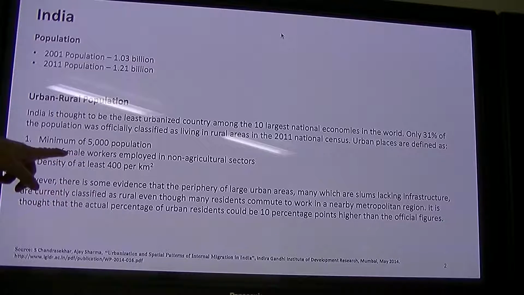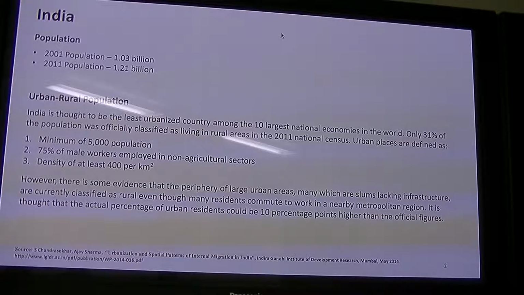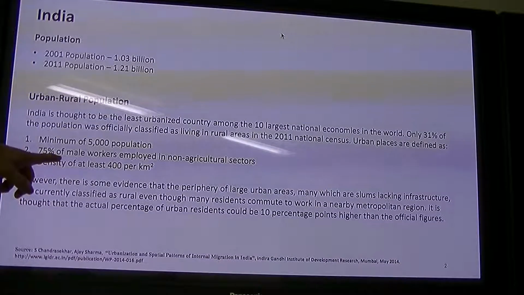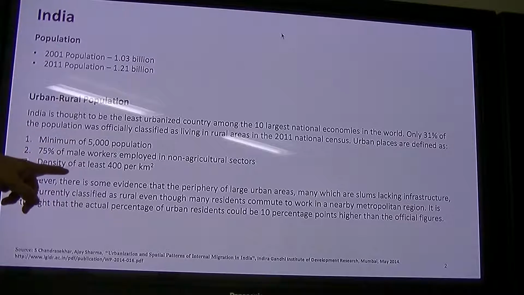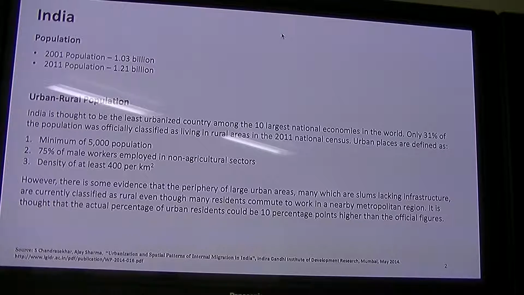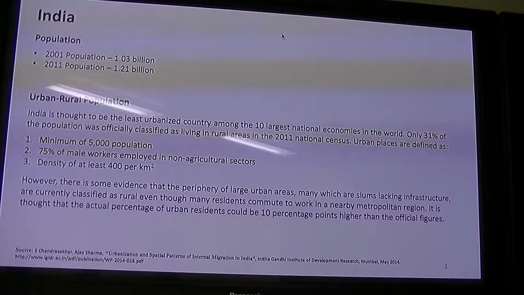And it says 75% of male workers employed in non-agricultural sectors. That means 25% of male workers could still be employed in the agricultural sector, and it would be considered urban. So you're talking about 31%, and these are the minimums. This is a very rural country.